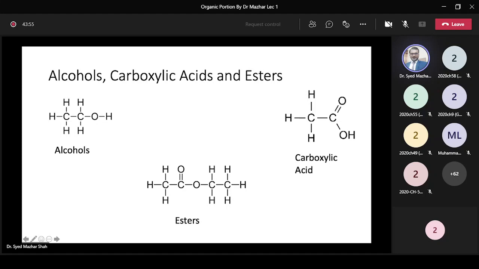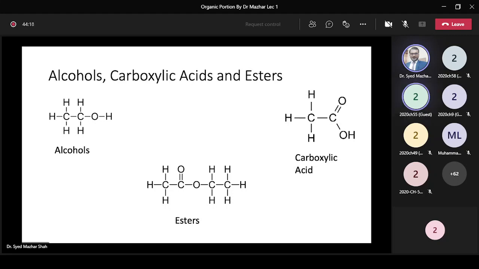They are also polar, but they are highly polar. And for that one, maybe you have read about hydrogen bonding. So if you compare alcohols, carboxylic acids and esters, which of these functional groups can have hydrogen bonding present in them?